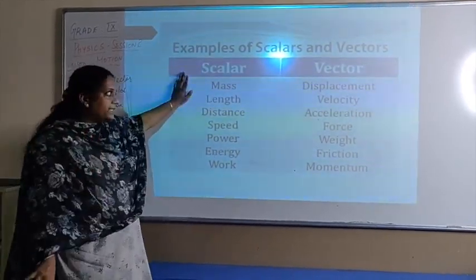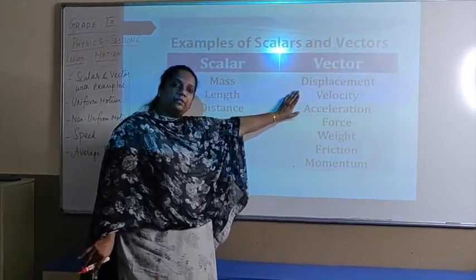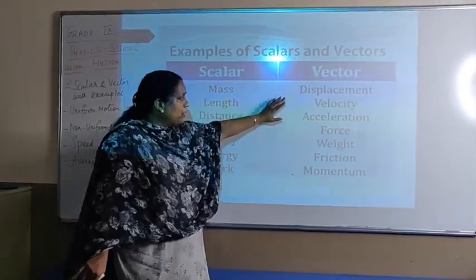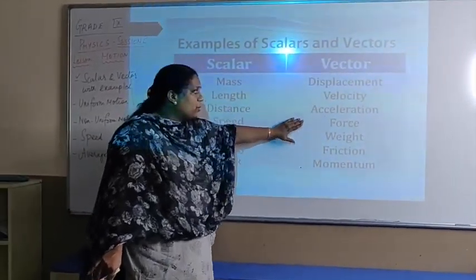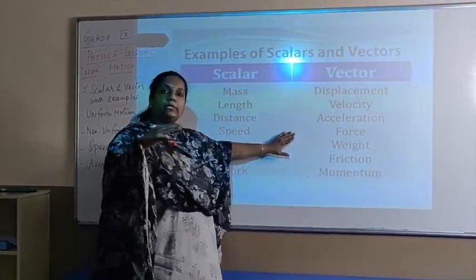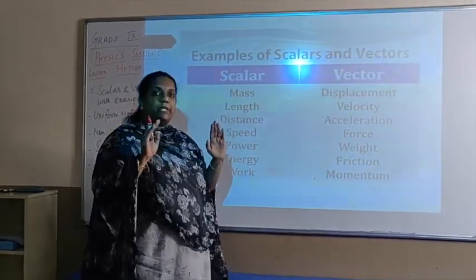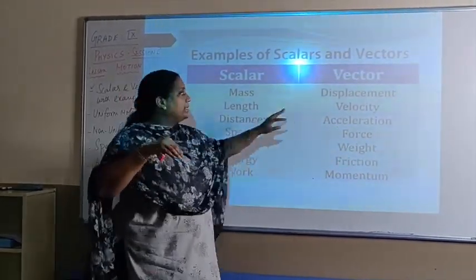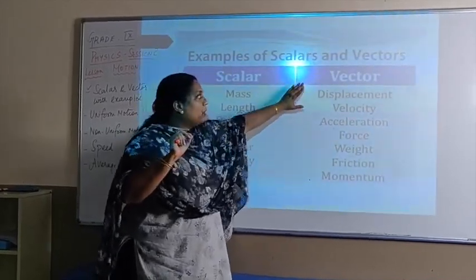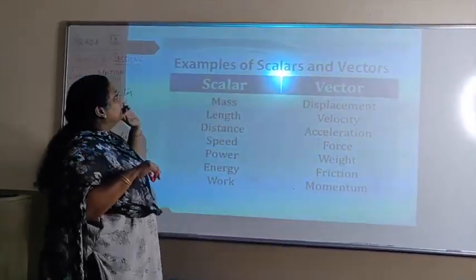Now come to the next half of the column, where we talk about the vector quantities: displacement, velocity, acceleration, force, weight, friction or momentum. All of these concepts you will learn as we move ahead. You will find that I will always mention the direction in which the movement or force is happening. So all these are examples of vector quantities.